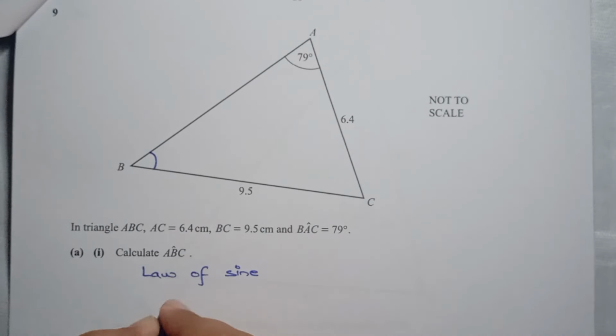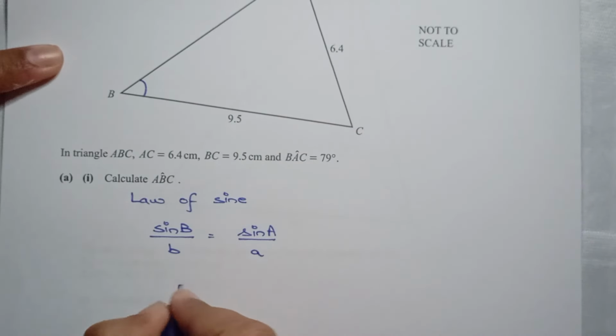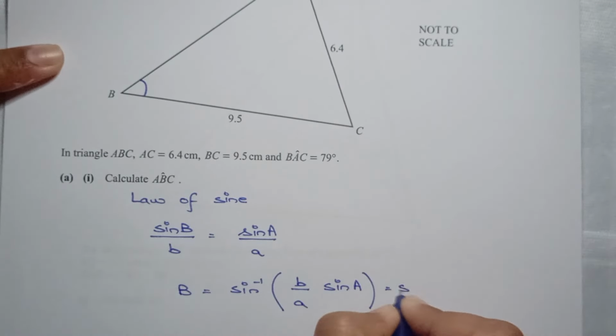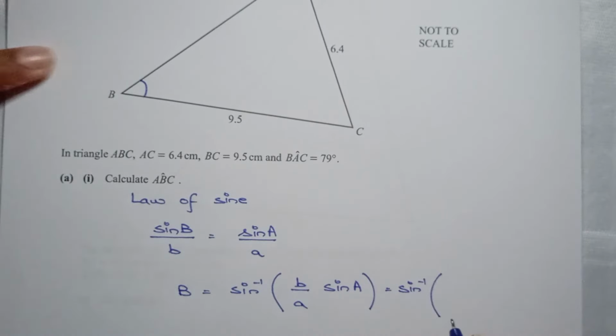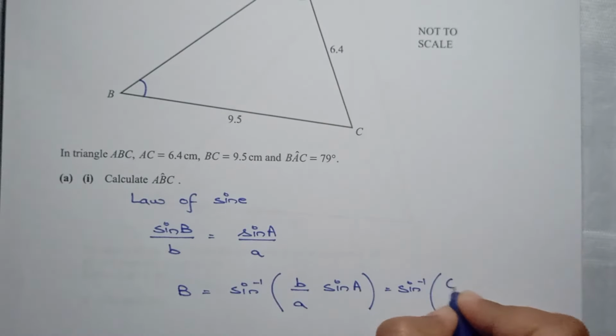We need to find angle B, and we have been given angle A and side A. So we can use sine B over B equals sine A over A. So angle B equals sine inverse of B by A times sine of A. The side opposite B is 6.4, and for A it is 9.5, and angle A is 79 degrees.